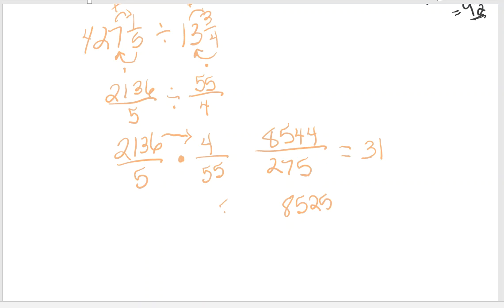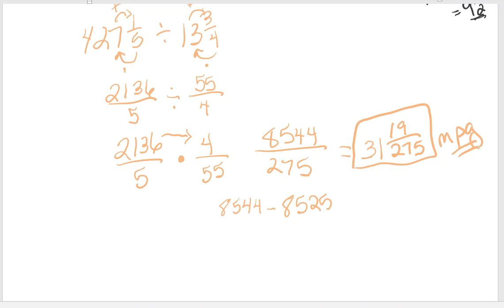So to get the remainder, I need to subtract that. 8544 minus the 8525 leaves me with 19. So that's now the top, and my bottom is 275. So I'm getting a little over 31 miles per gallon. I should put miles per gallon, because I should label my answer.